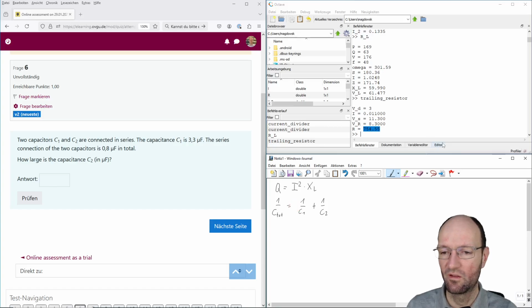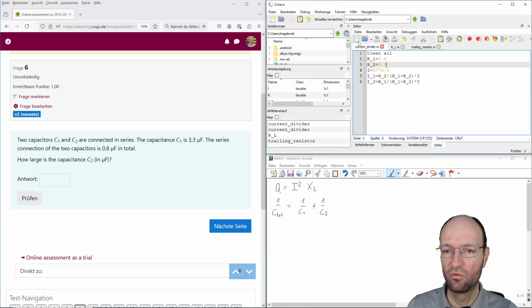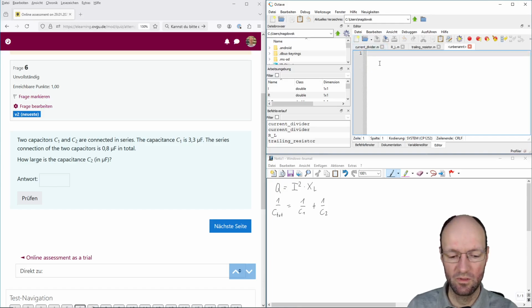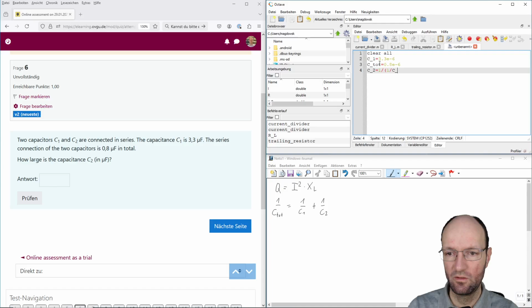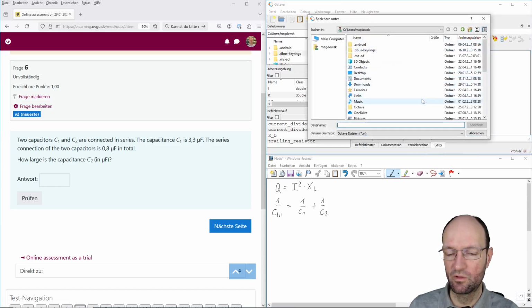So let's have a new script and once again start with some clear all and say C1 is 3.3 micro and C total is 0.8 microfarad. And then C2 is 1 over 1 divided by C total minus 1 divided by C1. And that should be it.